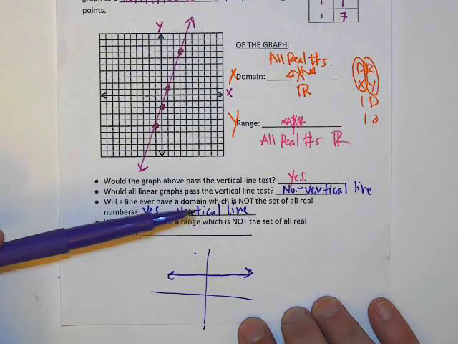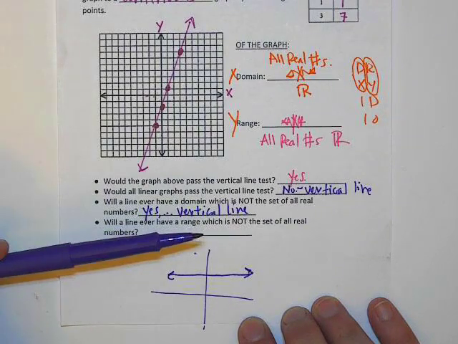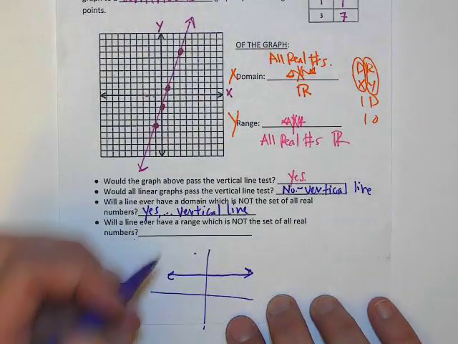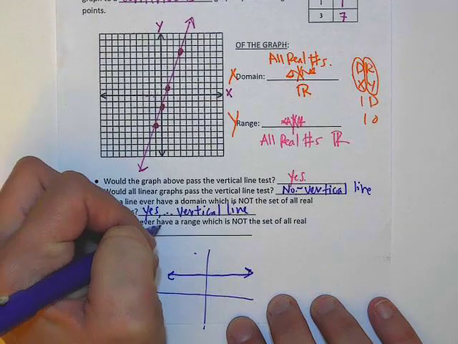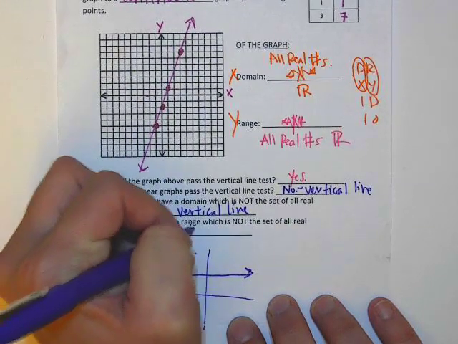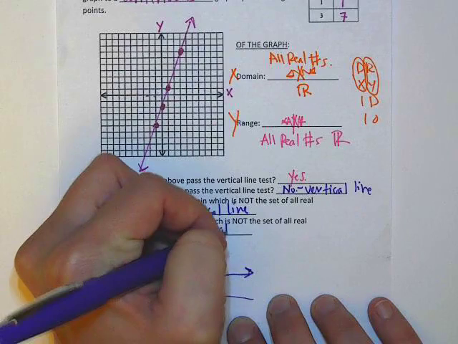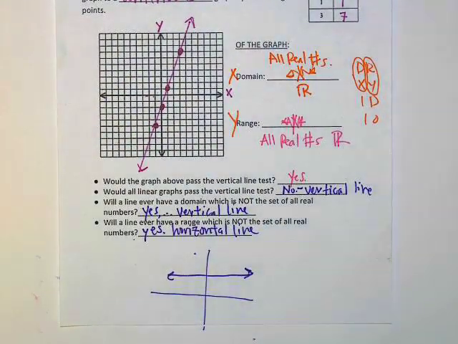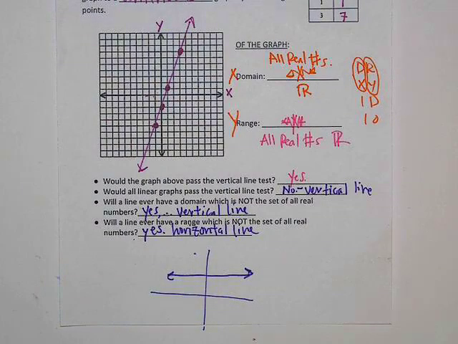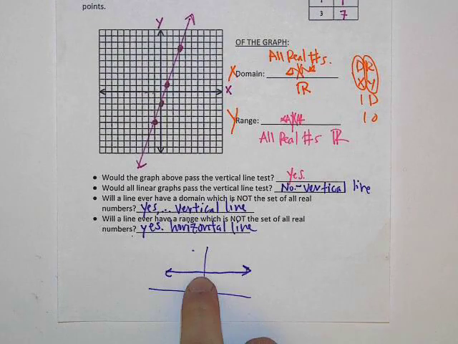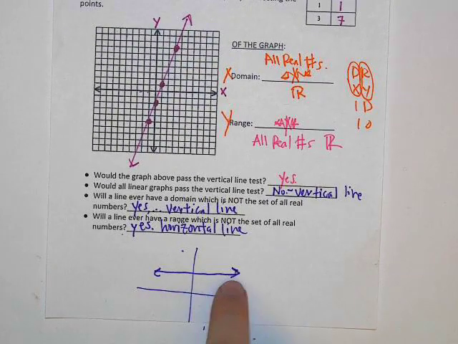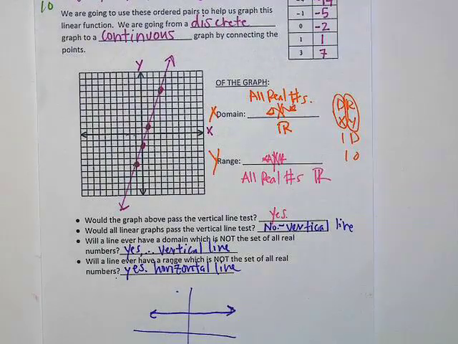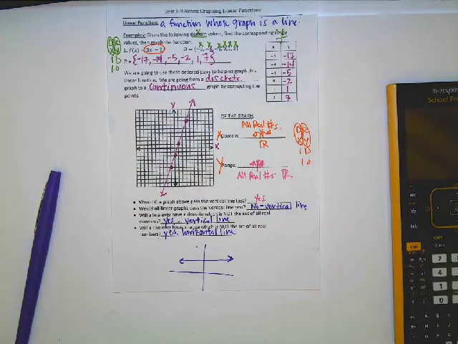So it's the same thing right here as the vertical line. The same thing for range is for a horizontal line. So yes, you could have it not have all real numbers. It would just be one solid number, wherever this is. All the y's would be the same. Questions? Oh, that's good. Okay.